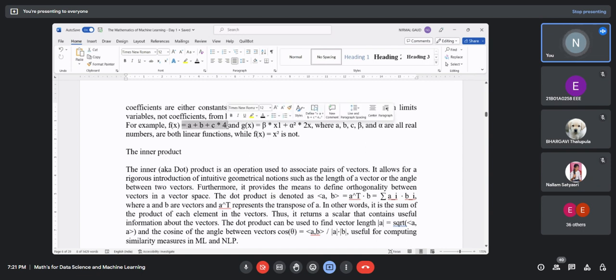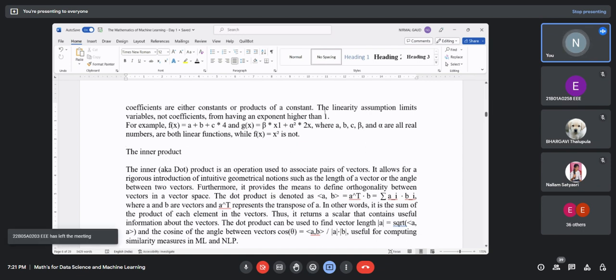It doesn't have any variable here. a, b, c are just numbers, real numbers, not associated with any variable. So the point is, a linear function is a function where the linearity assumption limits variables, not the coefficients. We don't have any limitation for the coefficients. Only the variable limitation is there, that it should have power 1. That's it.